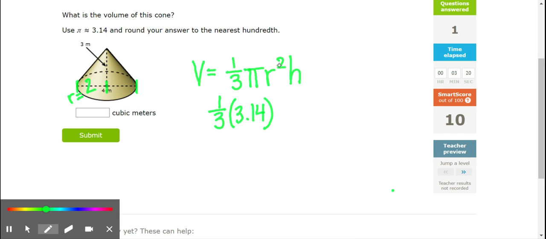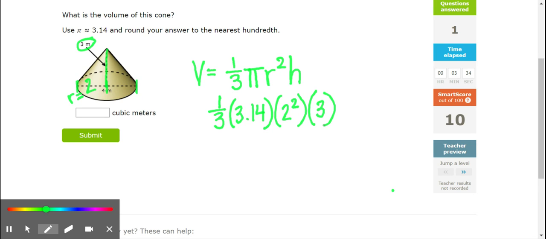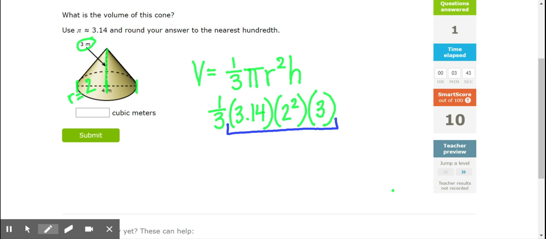Right here where it has r squared, I'm going to substitute in 2 squared. My h goes from base to top point, so that's going to be 3. I'm going to substitute in a 3 for the h. I am going to type in these 3 numbers first: 3.14 times 2 squared times 3, and I get 37.68.